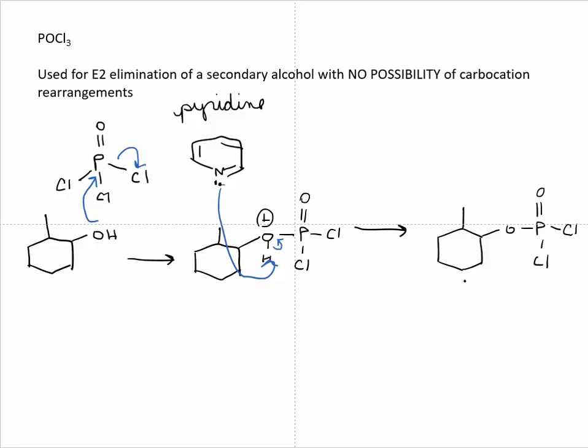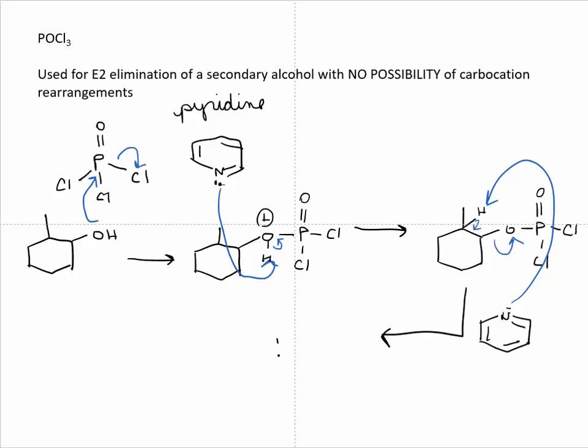So now what happens, we're going to form the elimination. Another molecule of pyridine, which again is a really good non-nucleophilic base, comes through, looks for the beta hydrogen, removes the beta hydrogen, forms the alkene, pushes the leaving group away.